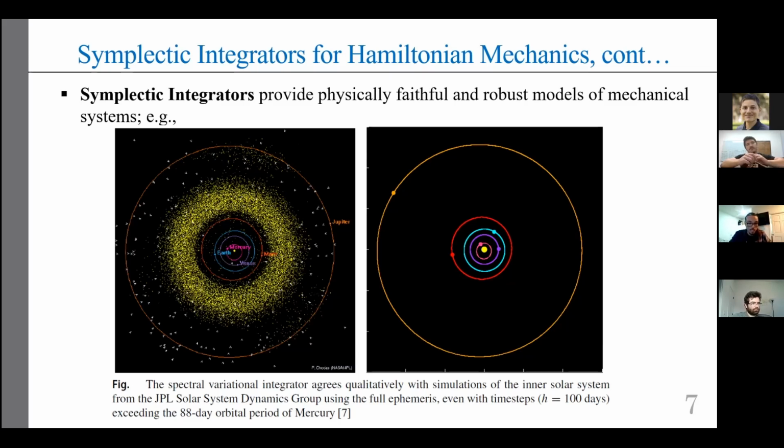The interesting thing about the simulation on the right was that they took time steps on the order of 100 days, which is extremely huge. Normally you want to take time steps smaller than the dynamical scale set by your system. If Mercury has an 88-day orbital period, in general you would want to take time steps smaller than that to resolve that scale. But symplectic integrators can resolve it even with large time steps. So that's what we mean by robust.